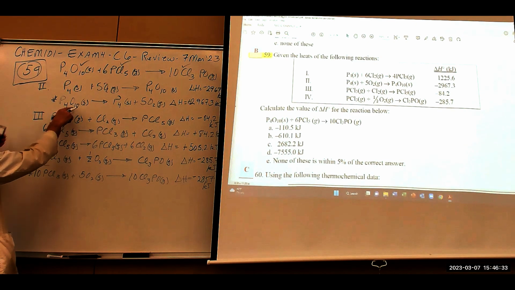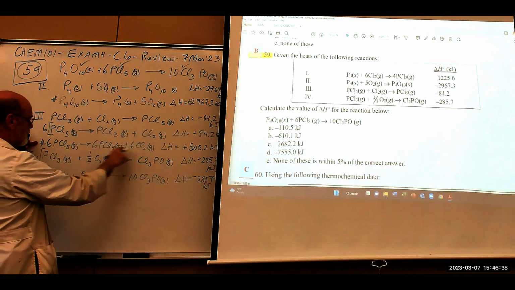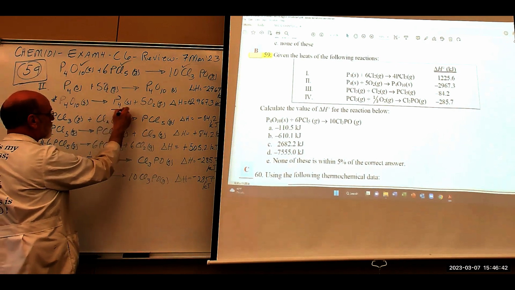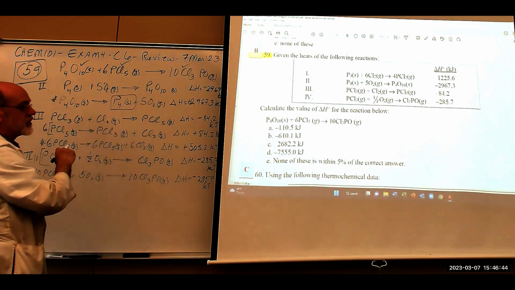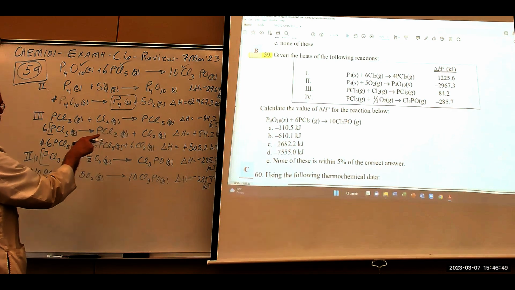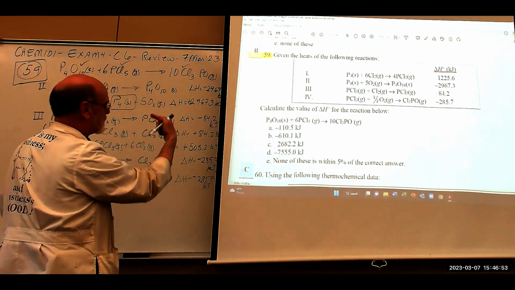So here we have, I'm going to keep that one, P4. P4 here? No, there's no P4. So this one, we need to use the last equation to get rid of that P4. This P4 is on the right, that P4 is on the left.